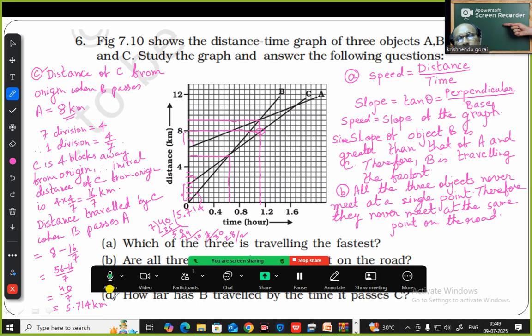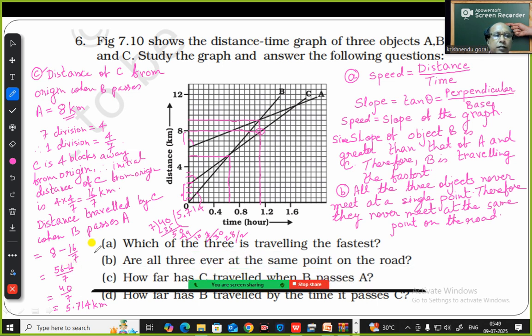Okay, this is the answer: 5.714 kilometer. That is the distance travelled by C when B passes A. B passes at this point, and the C point is at 8 kilometer. We found that 1 division equals 4 by 7.